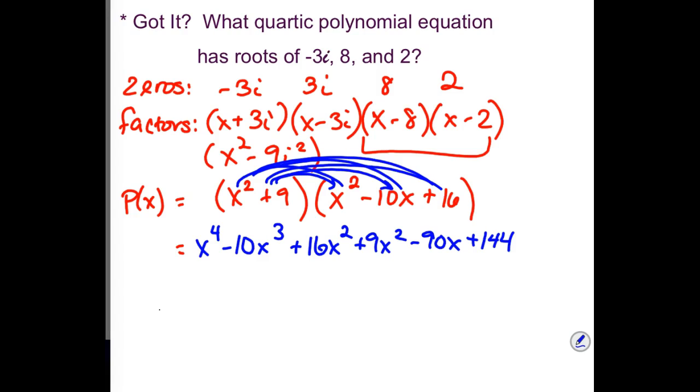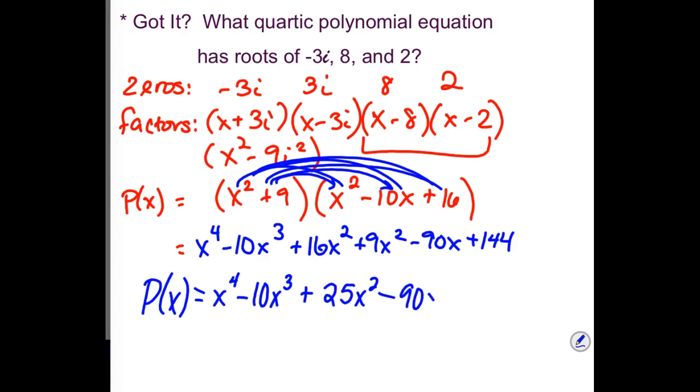And the only like terms I have are right in the middle, the 16x squared and the 9x squared. So final answer, x to the 4th minus 10x cubed plus 25x squared minus 90x plus 144. Okay?